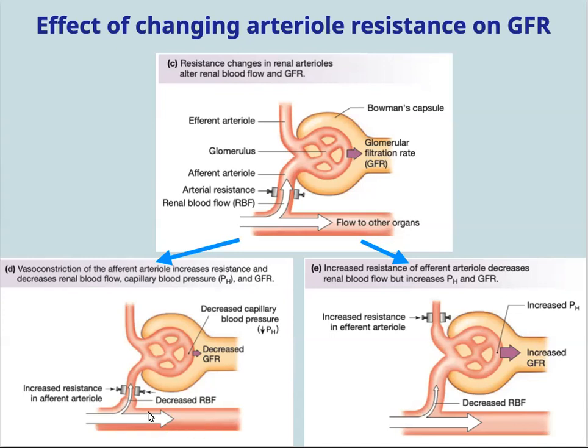So this would lead to a drop in GFR. If resistance is increased in the efferent arteriole instead, the hydrostatic pressure in the glomerular capillaries would actually increase. And increased glomerular pressure leads to increased GFR.